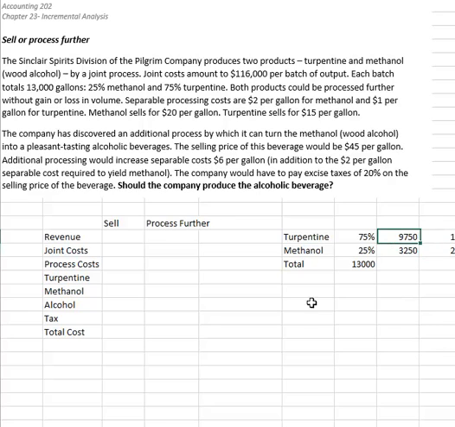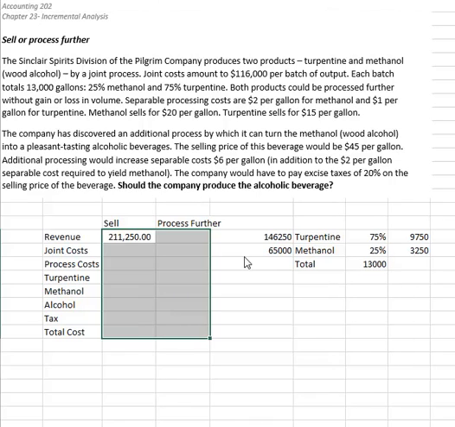So my revenue for turpentine, 9,750 gallons times $15, is $146,250. For methanol, it's 3,250 times $20, $65,000. So if I sell it as is, my revenue will be those two added together, $211,250.